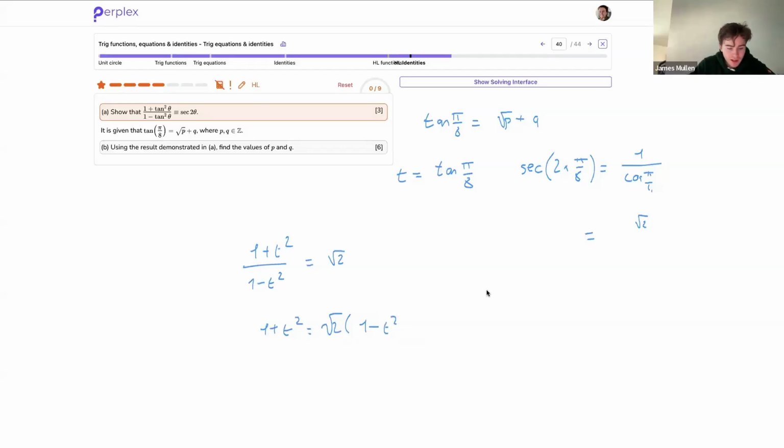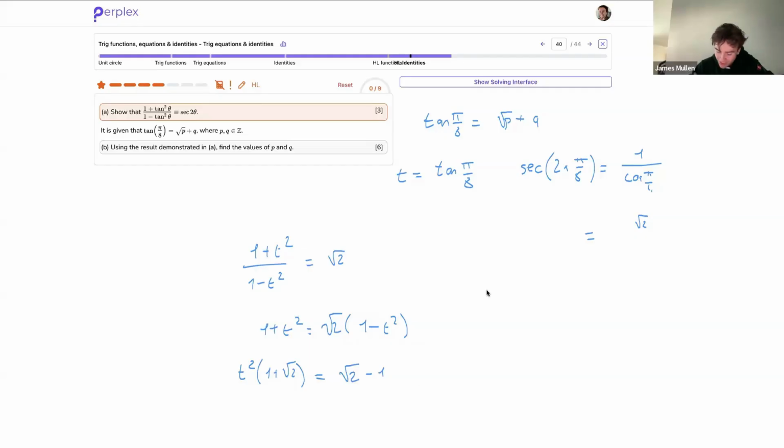All right, what does that mean? It means that if I gather the terms in t squared, I have t squared times 1 plus root 2, and then I have no terms in t, there's nothing there. I just have that is equal to root 2 minus 1.